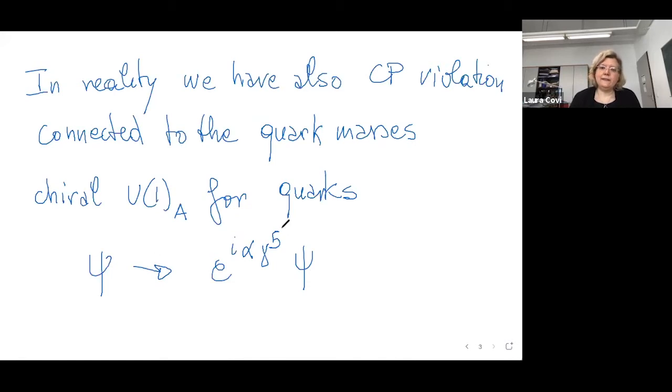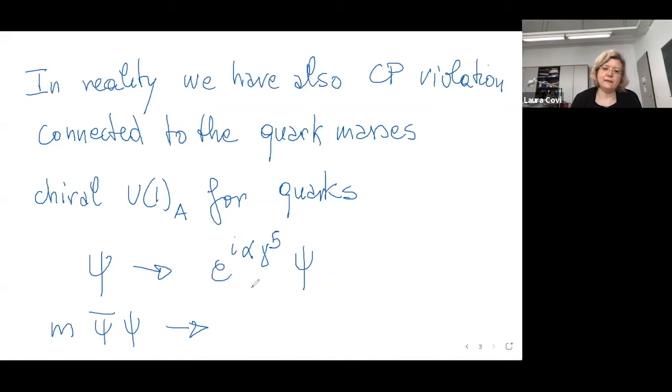And it should be clear that since this is a chiral transformation, a mass term, a psi bar psi term, which connects the left and right different chiralities of the fermion, is no longer invariant.